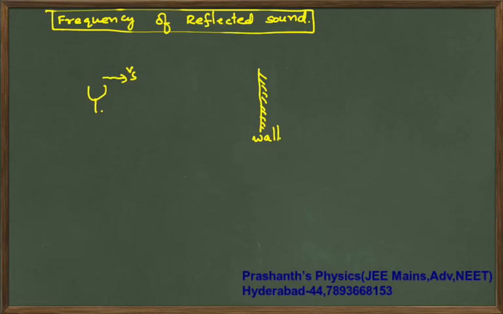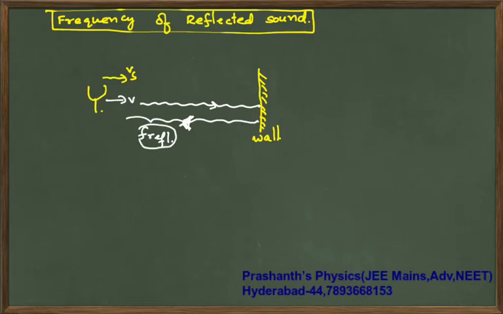If the source produces sound with velocity v, this wave will strike the wall and then come back like this. After striking, it will have some frequency.